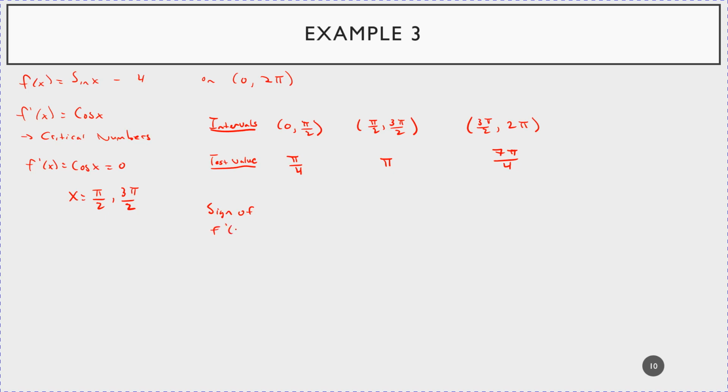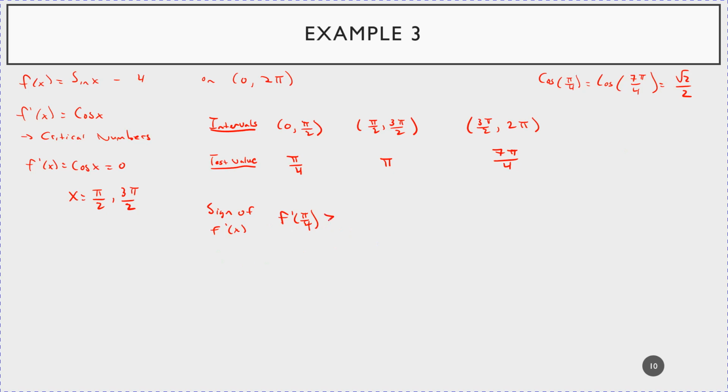So now we look at the derivative, f prime of x. Our derivative is just cosine of x here. So f prime of pi over 4, and I'll help you here: cosine of pi over 4 is actually the same thing as cosine of 7 pi over 4, and it's just the square root of 2 over 2.